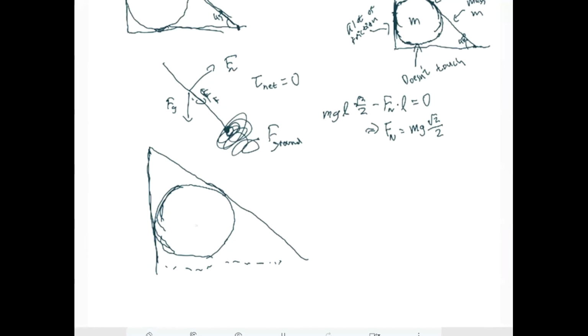So what forces act on the cylinder? Well, there's gravity, that's mg. There's friction from the wall, that is also correct. And which direction does friction from the wall point?